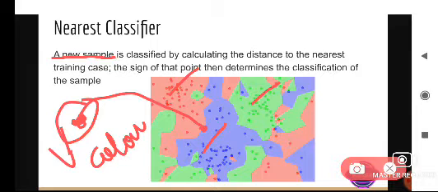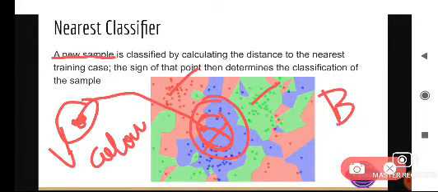We'll create a circle around it, and the nearest point is blue, present over here. So we can find out that the nearest classifier is the blue cherry present over here.